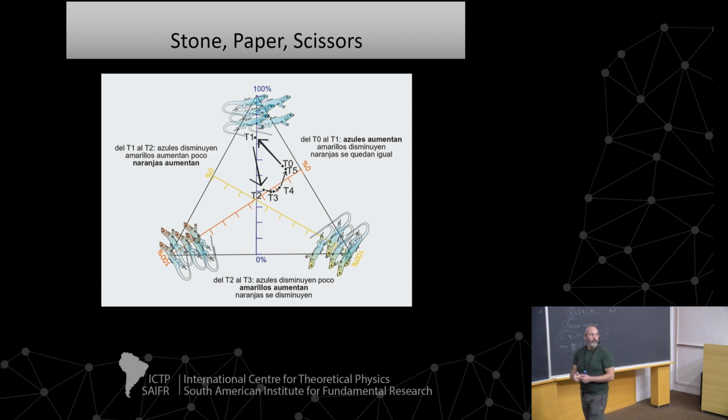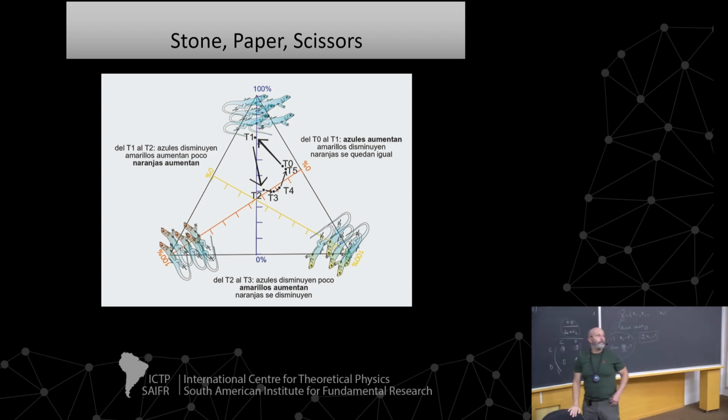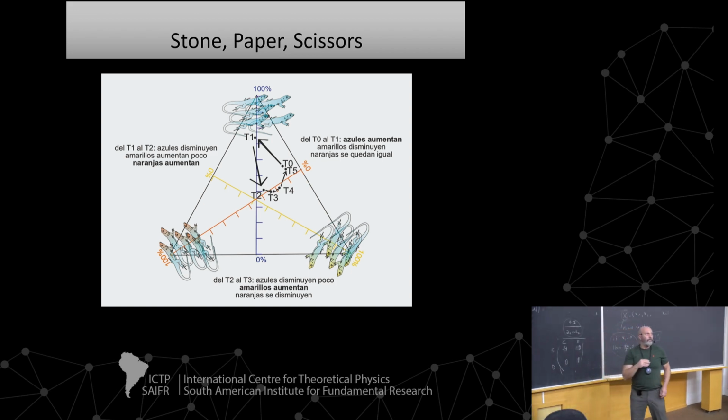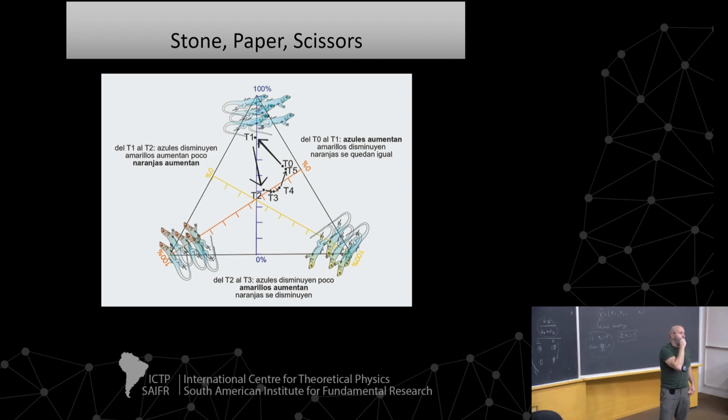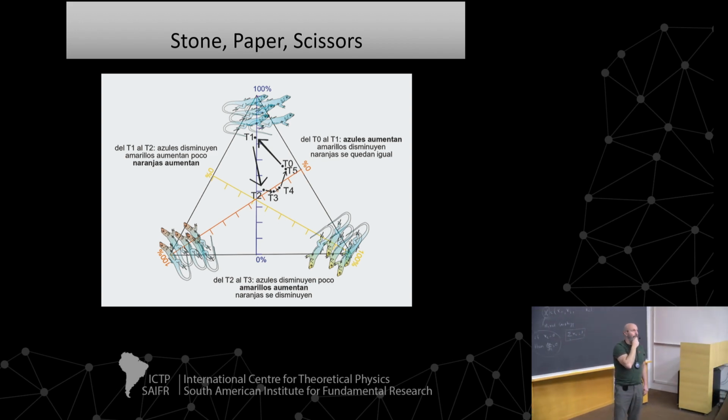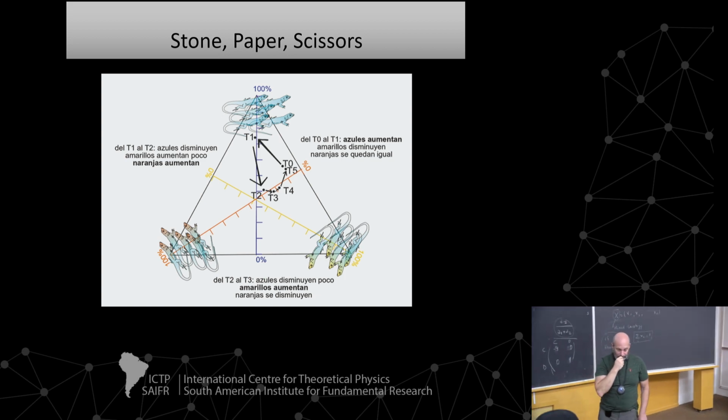In this case, it's important what other people are doing, the strategy and the frequency of the strategies. So when one strategy is high, it's better for you to move to another one.